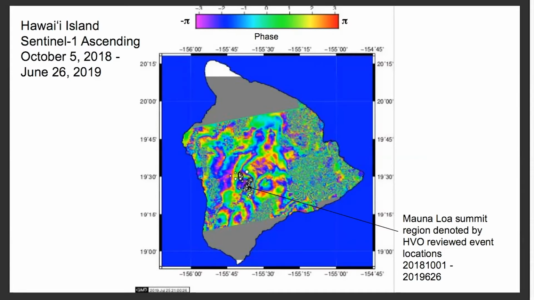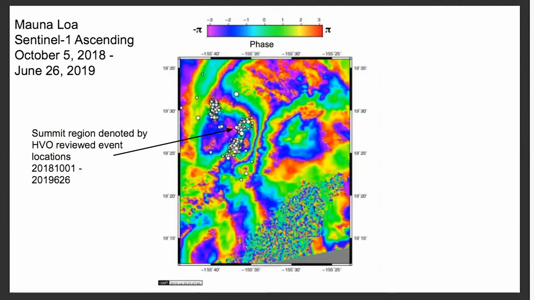And it's got a similar pattern to the seismicity. You'll see it in the next slide better, of the previous episode. I don't know, this is the kind of thing where I could convince myself that I see a bit of a fringe here that's parallel to the rift or to the southeast of the rift. I'll zoom in to see a little better.